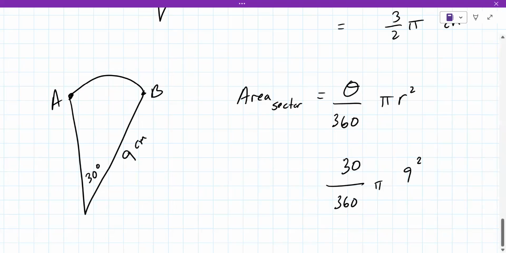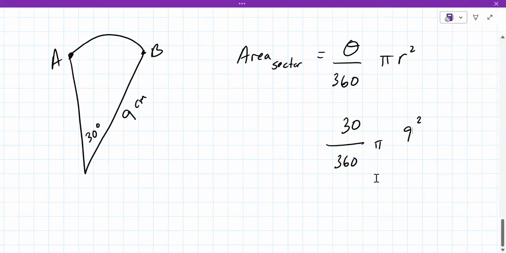Great. And then 30 over 360, and I'll put that in the calculator. So 30 over 360 times 81 gives us 6.75 pi. Okay. And then centimeters squared for your units. Good.